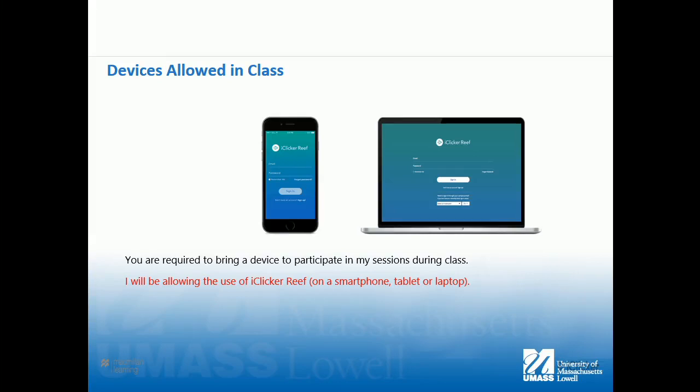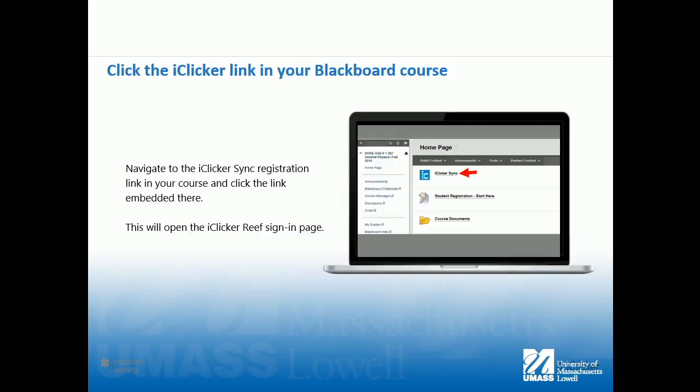Okay. What you need to do is get an iClicker account. And again, in order to do this, you have to go from Blackboard. Right? The first time you sign up for iClicker has to be via the link in your Blackboard account. So when you click into your Blackboard account, you should see an iClicker sync link right there.